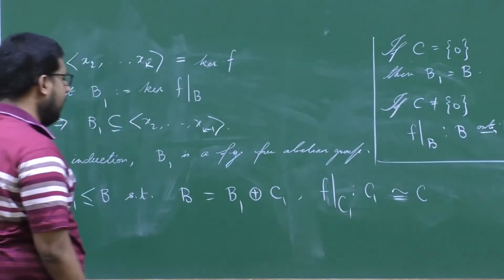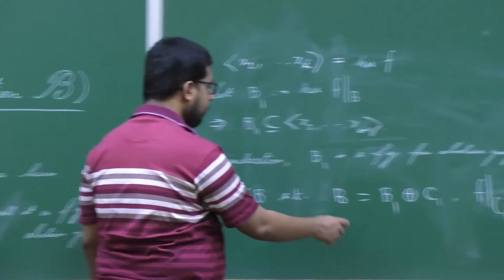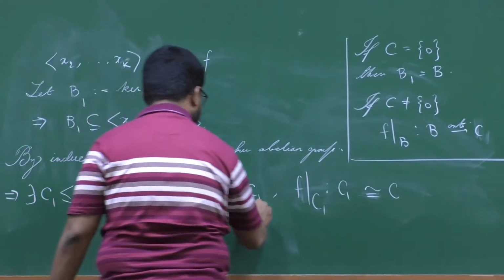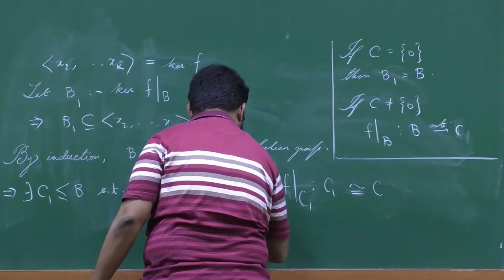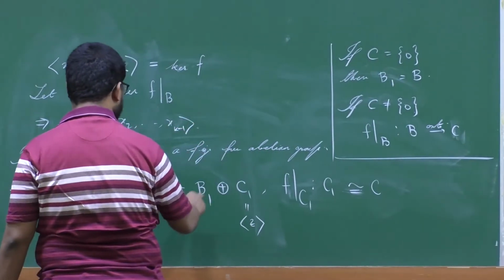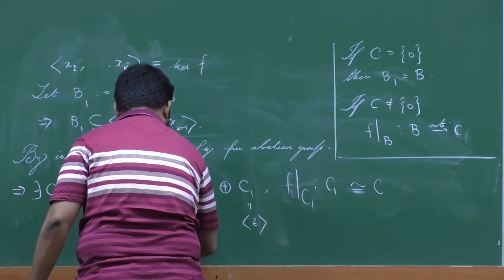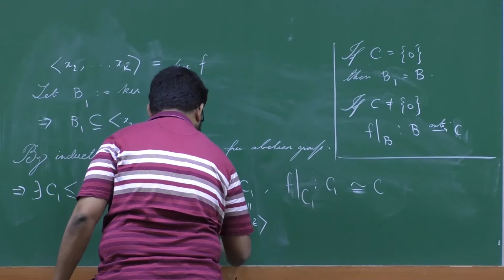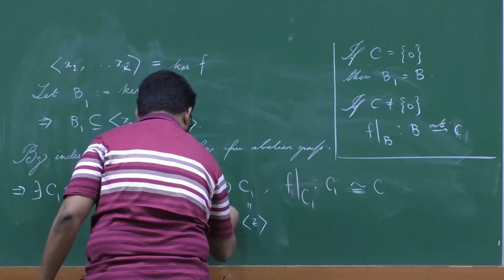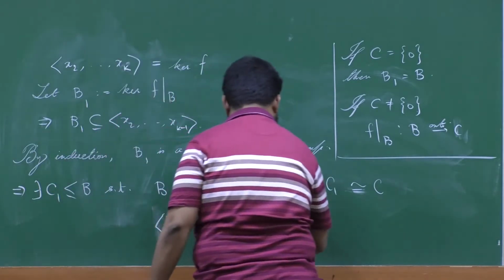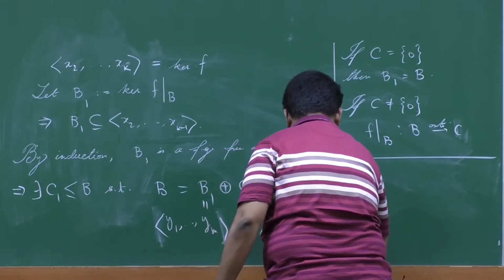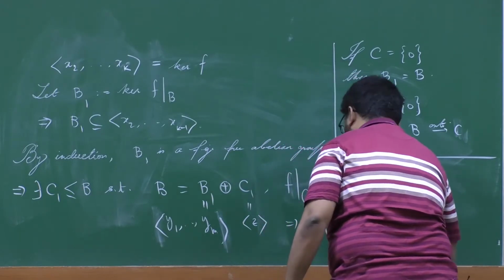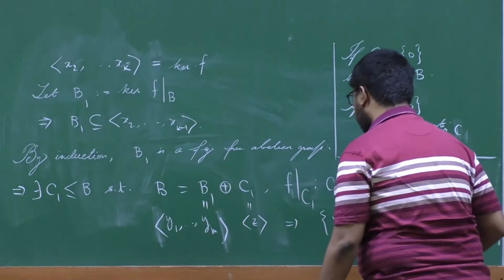So this is a free abelian group. Let Z be a generator of C1 and let Y1 up to Ym be a basis of B1. Then you can immediately see from the direct sum decomposition that Y1, ..., Ym, Z is a basis of B.